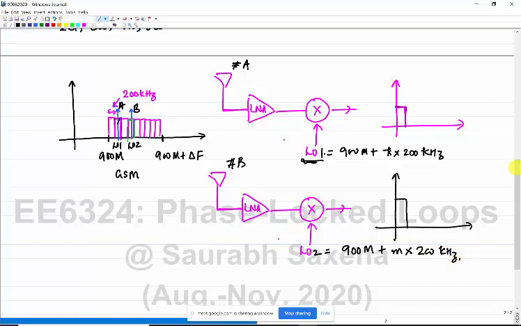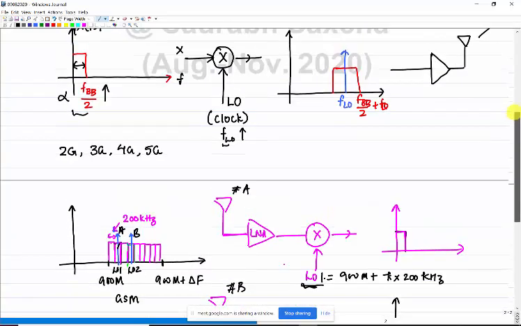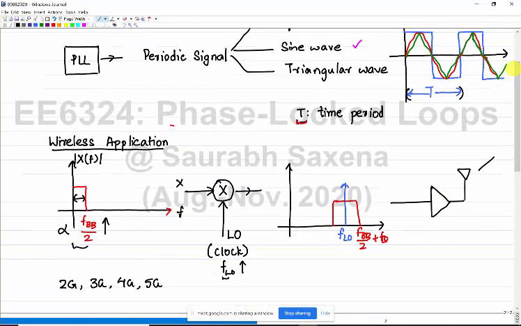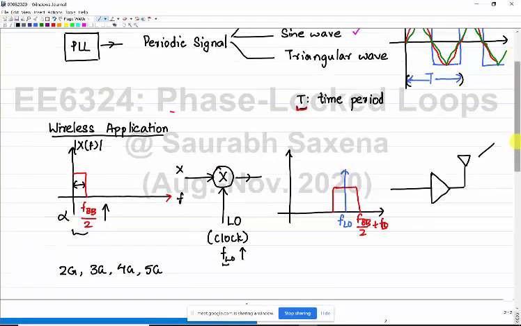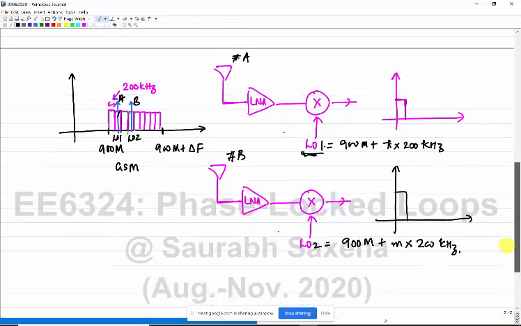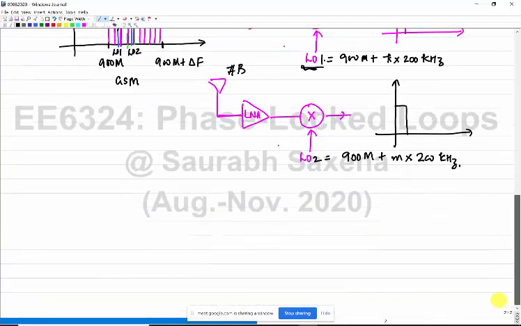Okay, so what your PLL chip, which is the PLL IC in your cell phone, is doing is generating the LO frequency as required, as accurately as required. So that is the job of the clock generator in wireless application.